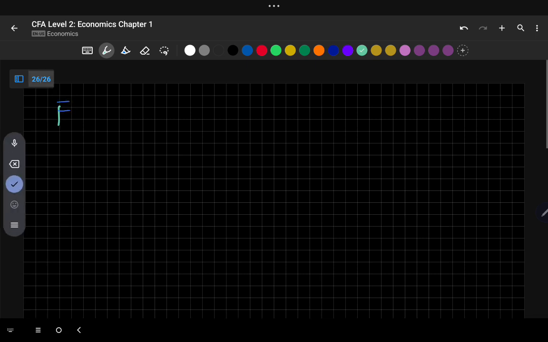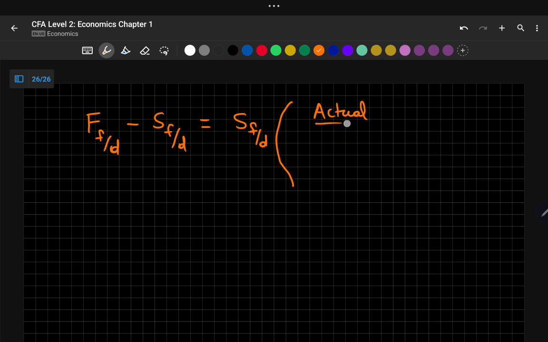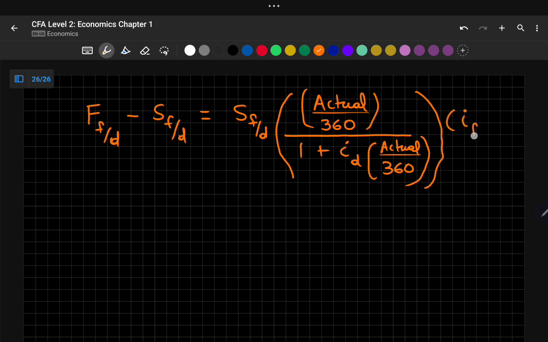So to calculate it, the equation is: the forward price minus the spot price is equal to the spot price for foreign to domestic currency into actual by 360, the whole divided by 1 plus the domestic interest rate into actual by 360. Now this whole is multiplied with the risk-free interest rate of the foreign currency minus the risk-free interest rate of the domestic currency. So this is the important equation.